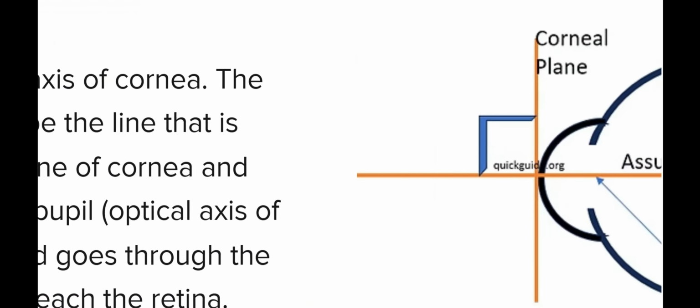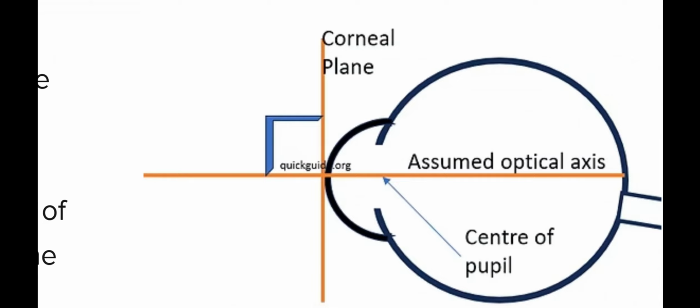Sometimes many say that the optical axis of the eye is actually the limbus center, which is very loosely said. That may not always be a correct statement. But the optical axis of the eye, you could say, is a line that intersects the corneal plane.